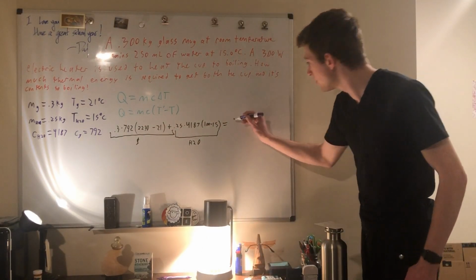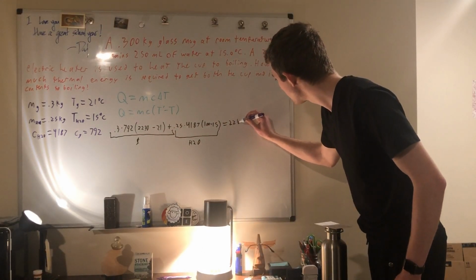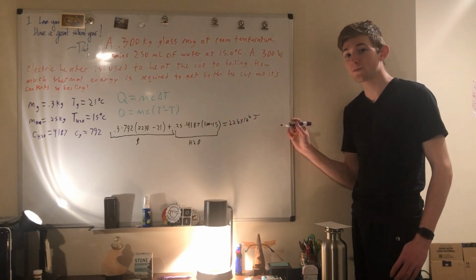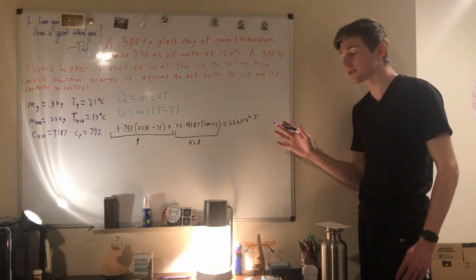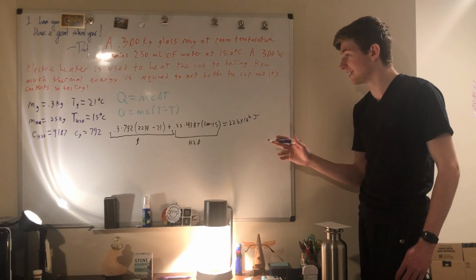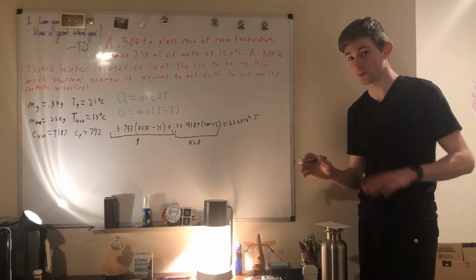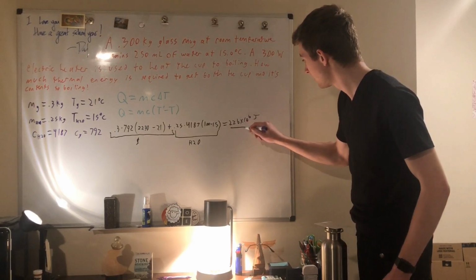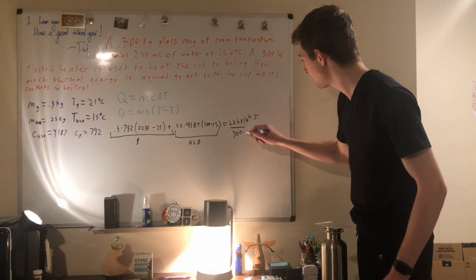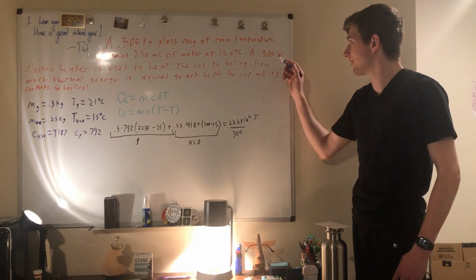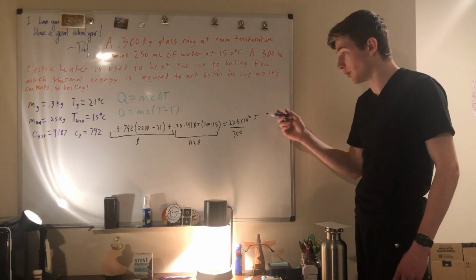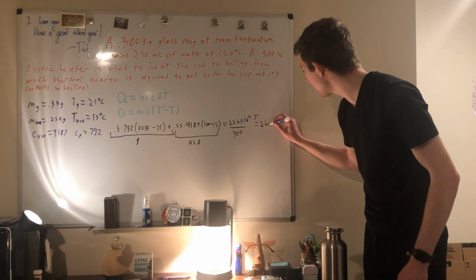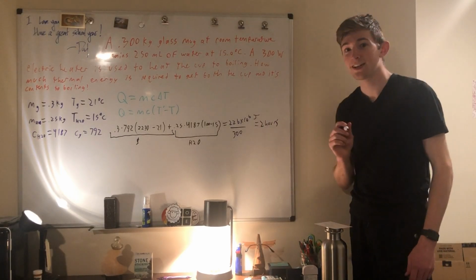So we end up getting 2.26 times 10 to the 6 joules, which, for reference, is 2 orders of magnitude higher than the last amount of energy we calculated for just boiling the water. And dividing this by 300 gets us the amount of time it would take for this heater to boil the glass, which ends up being just about 2 hours, as it turns out.